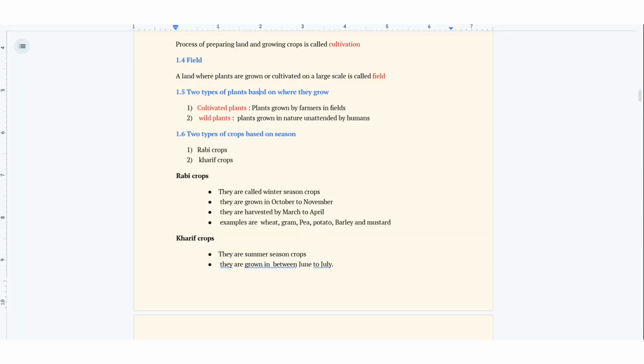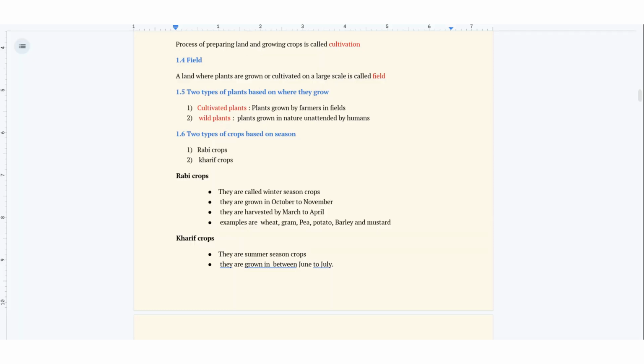Wild plants, you might see it from the birds, or by the wind, or by the insects. The seeds, they go from one place to another, and they fall on the soil or on a tree bark, and then it grows. So it is called as wild plants.